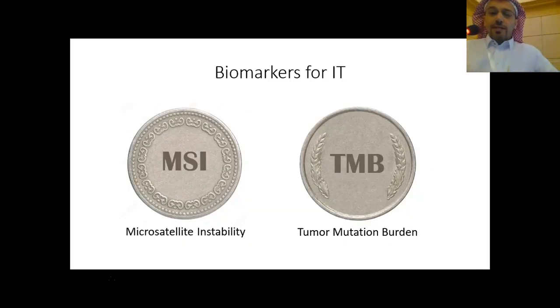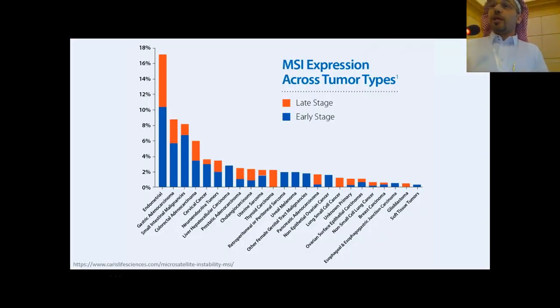As we have seen this morning and in other presentations yesterday, MSI and tumor mutation burden are emerging biomarkers for immunotherapies, for good reason, for predicting the response to treatment. But also, as Dr. Fuad was telling, MSI is a common phenomenon that we see across many tumors.